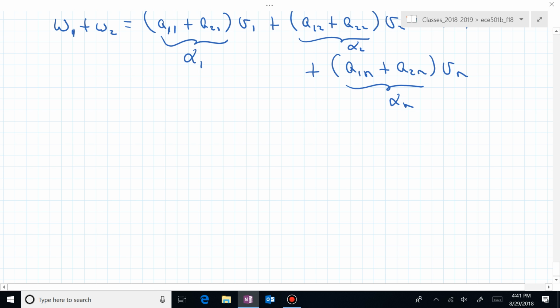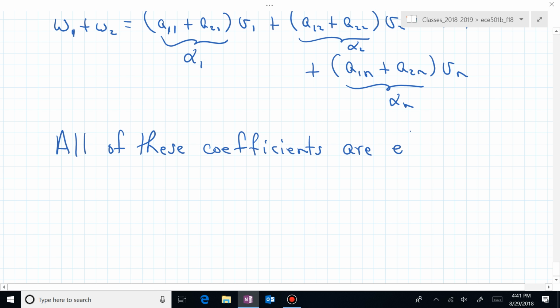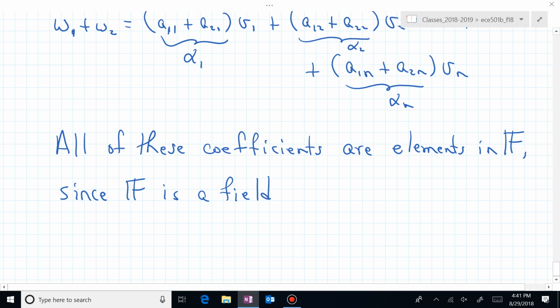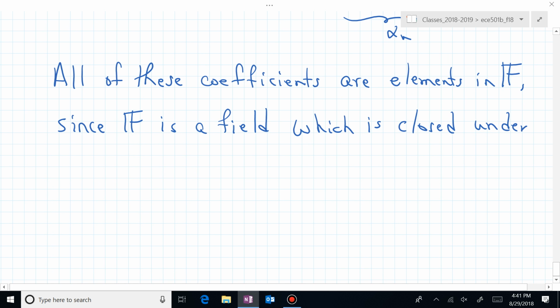And all of these coefficients are elements in our underlying field, since the field F, or the symbol F, is symbolizing a field, which indeed is closed under addition.